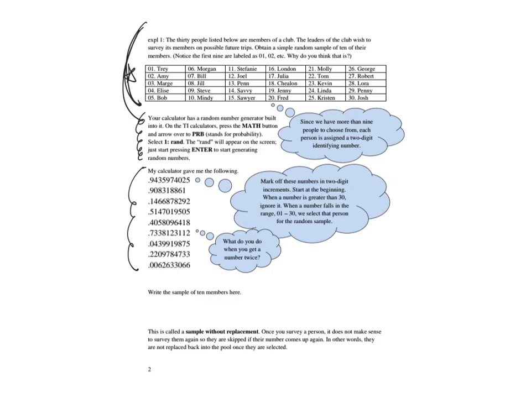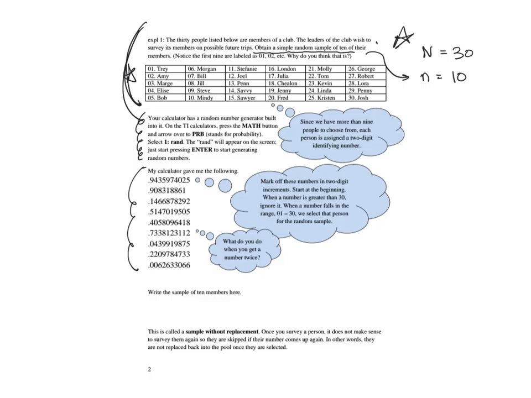All right, so I've got these 30 people in a large club, and it says the leaders of the club wish to survey its members. We are going to try to get a simple random sample of size 10. Okay, so first of all, just using our notation from earlier, capital N is the number in your population, that's 30, and lowercase n will be the number that we want to actually ask our question, right?